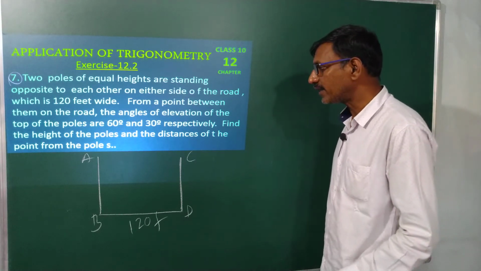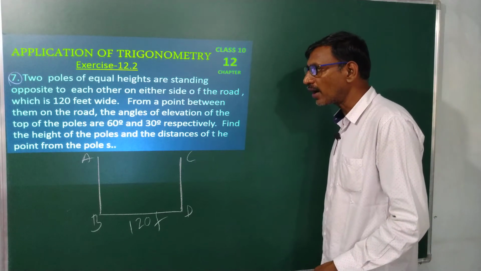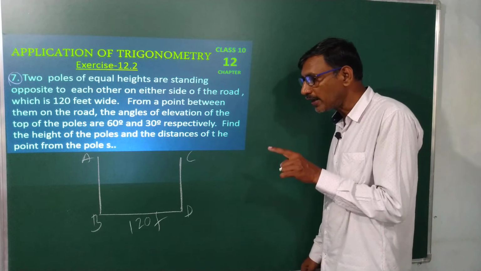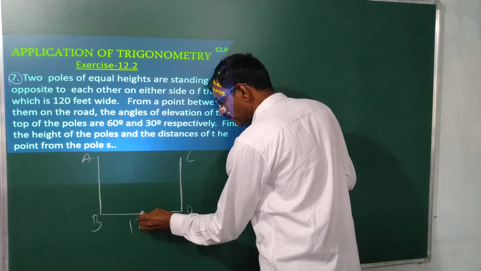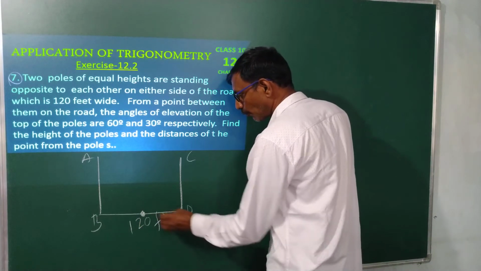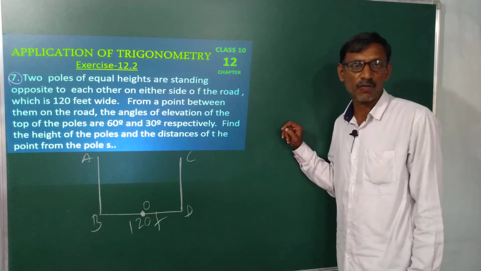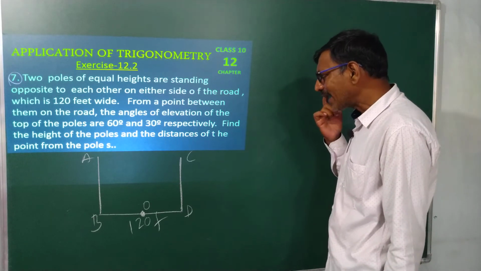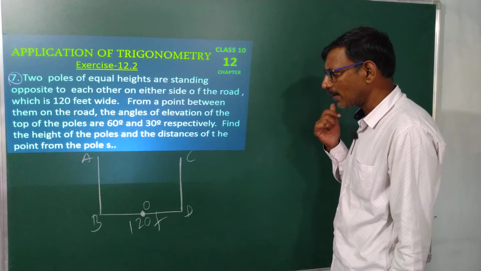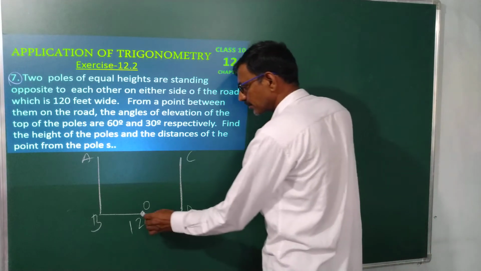From a point between them on the road, suppose this is my point, say O. The angle of elevation of the top of the pole is 60 degrees.